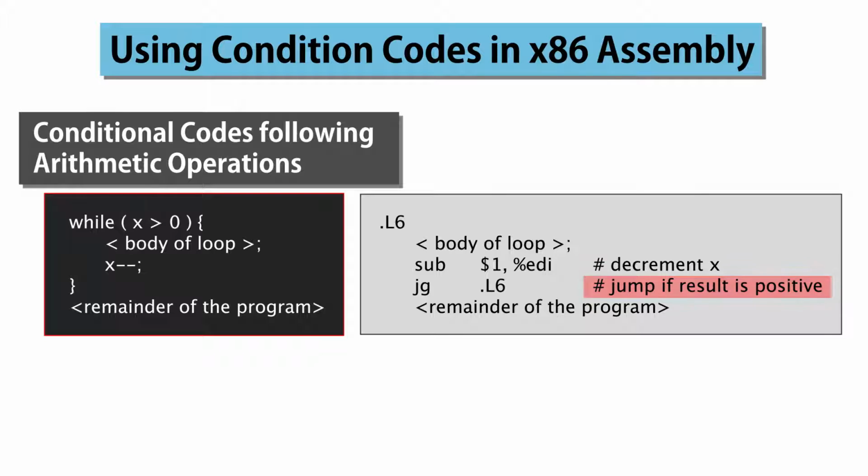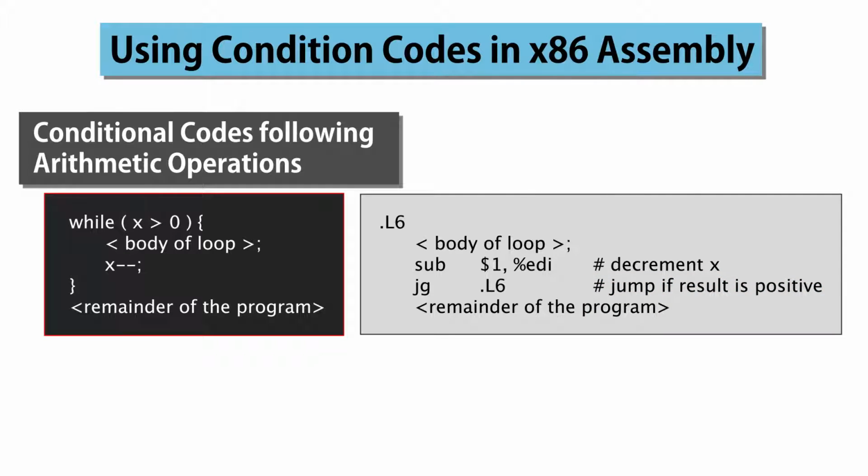In that case, we jump back to label L6 and execute the loop body again. Otherwise, we fall through and continue executing in the remainder of the program. The JG, or jump greater instruction, implements this behavior. It tests the condition codes to see if they indicate that the result was positive and takes the jump if so. If not, we fall through and continue executing at the next statement.